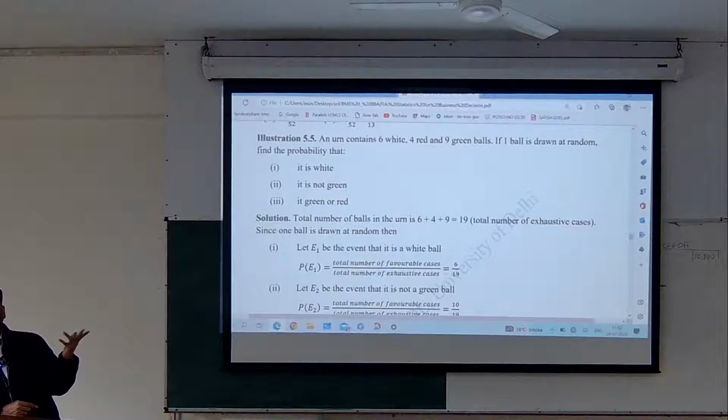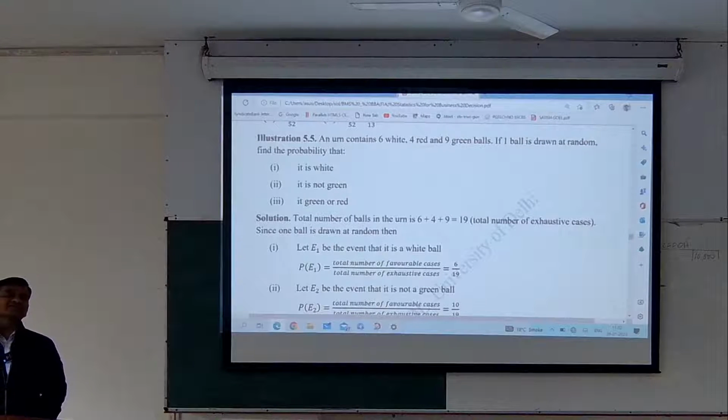You already know you have 3 types of balls here, and the favorable cases which support white are the 6 white balls. So 6 divided by the total, so 6/19. Or you can find it using combination also, 6C1 divided by 19C1. C is the combination basically.